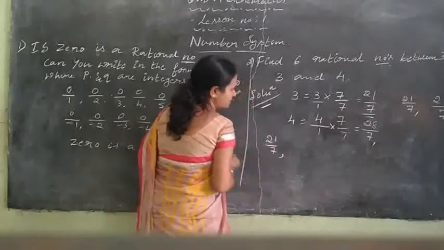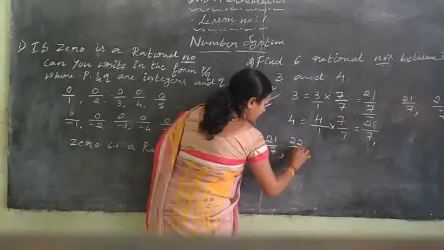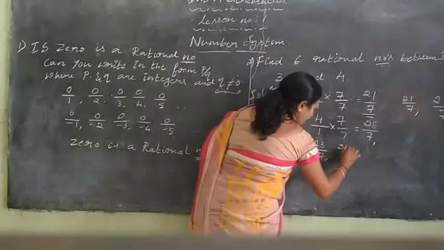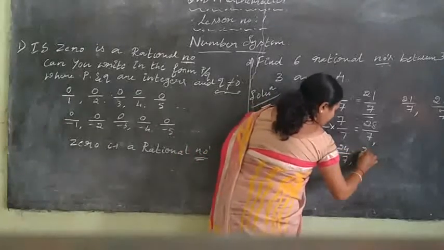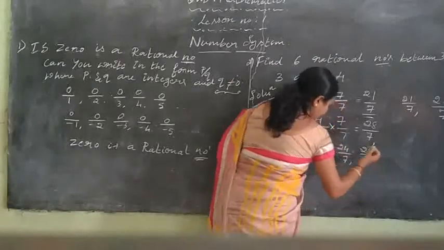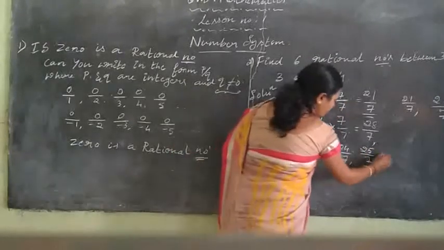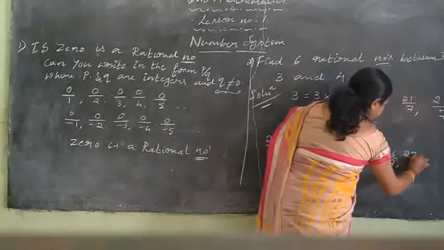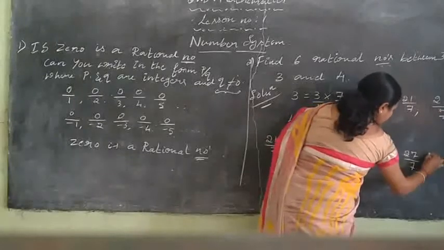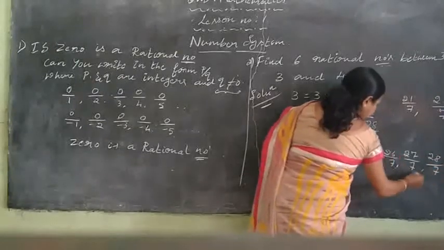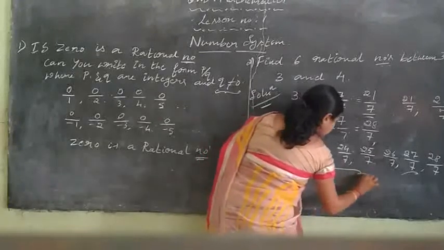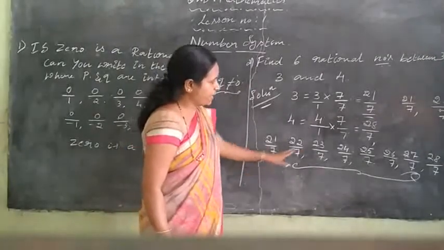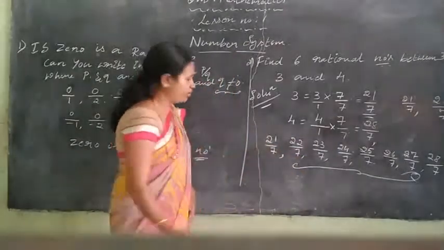Now we have to write 6 numbers: 22 by 7, 23 by 7, 24 by 7, 25 by 7, 26 by 7, 27 by 7, and the last number given, that is 28 by 7. See children, these are the rational numbers between 21 by 7 and 28 by 7, meaning 3 and 4.